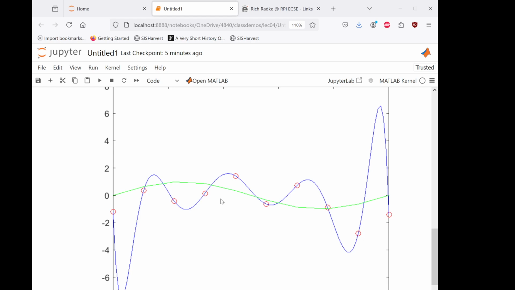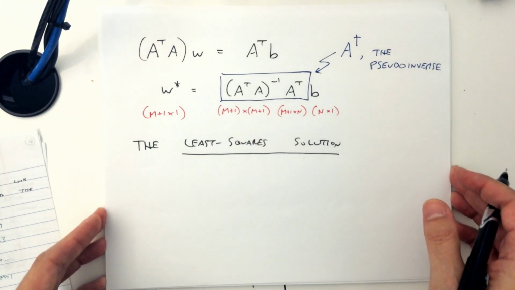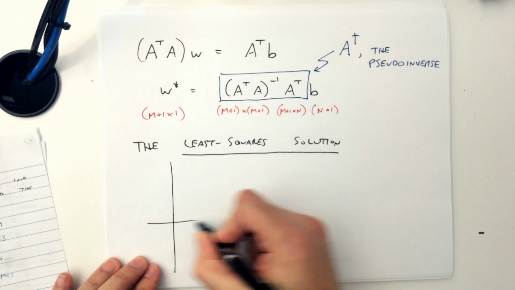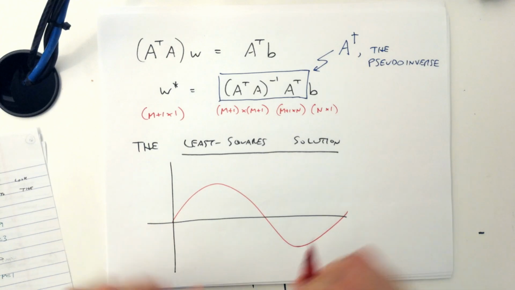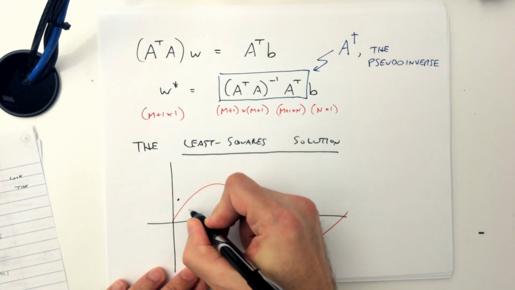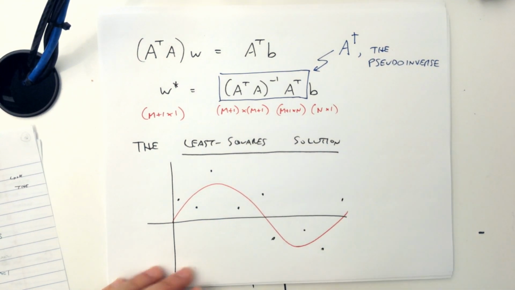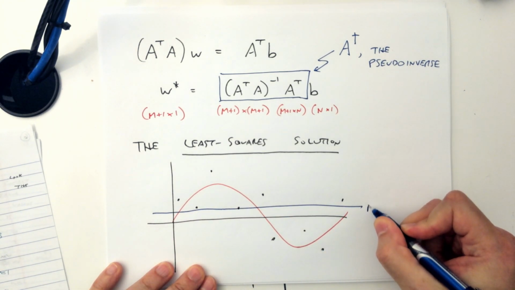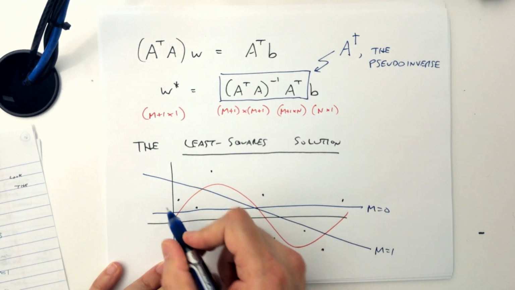That's again a critical thing to know, and I'm going to write this down on my notes for a second here. So in general, to write down what we saw, on my paper and pencil, what we saw was something like this. Maybe we get a line like this for m equals 0, a line like this for m equals 1, something that's not bad.